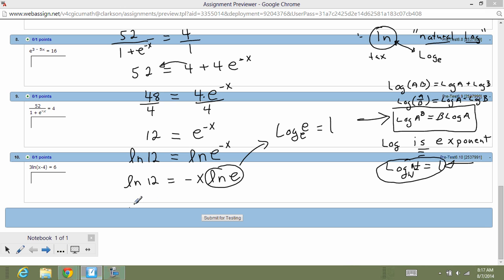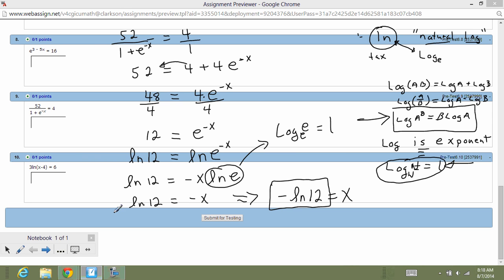So we've got a natural log of 12 equals negative x. And now if we remove the negative sign, pretty apparent that your answer is going to be negative natural log of 12 equals x. There's what you put in the answer space. All right. So that's question number 9.